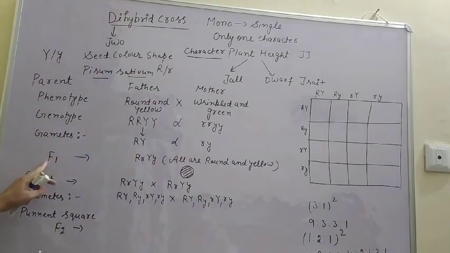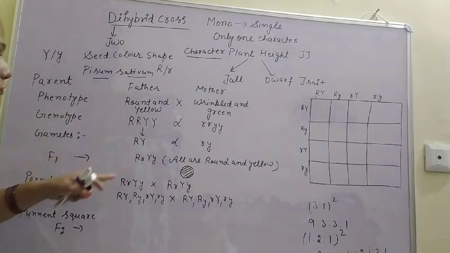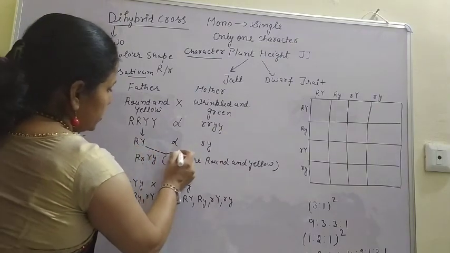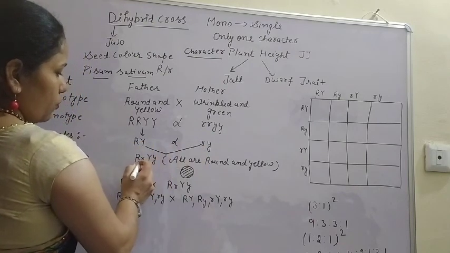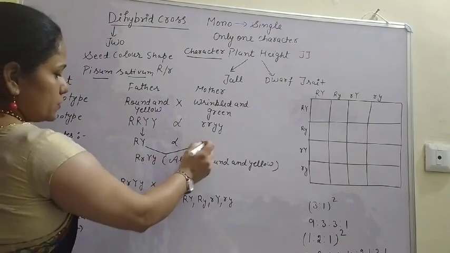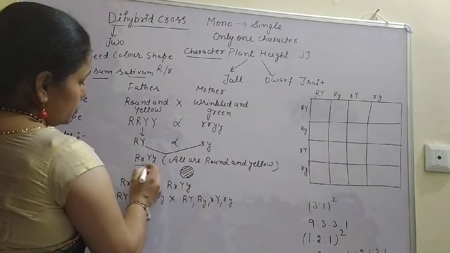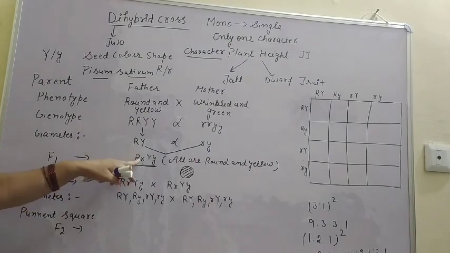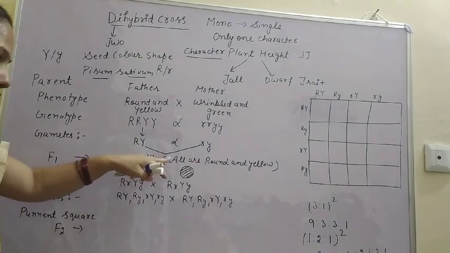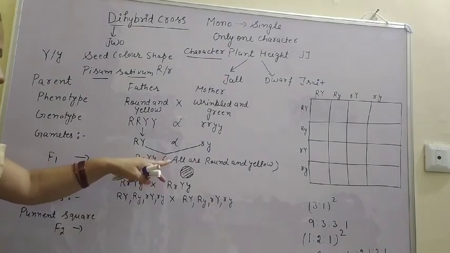So what will be the F1 generation, the first filial generation, if we cross both of these? Firstly capital R, then small r, capital Y, small y. That is the genotype of the F1 generation. So what will be the phenotype of these?